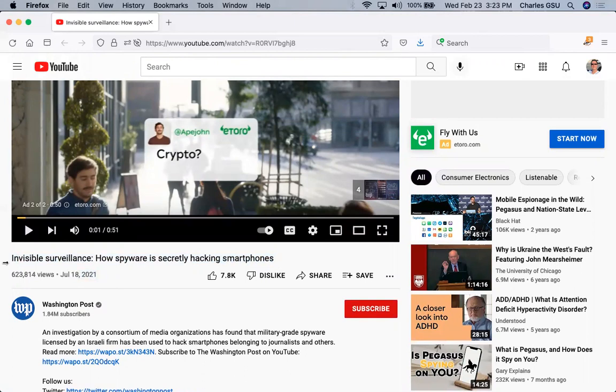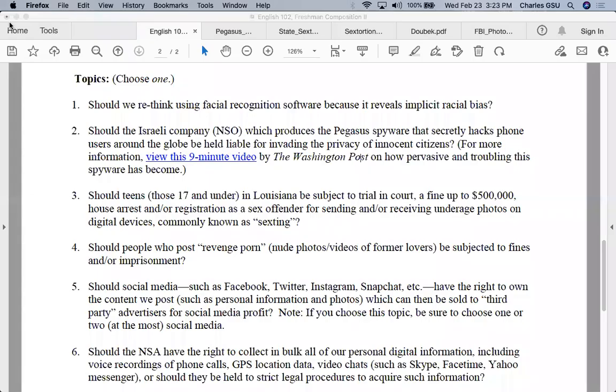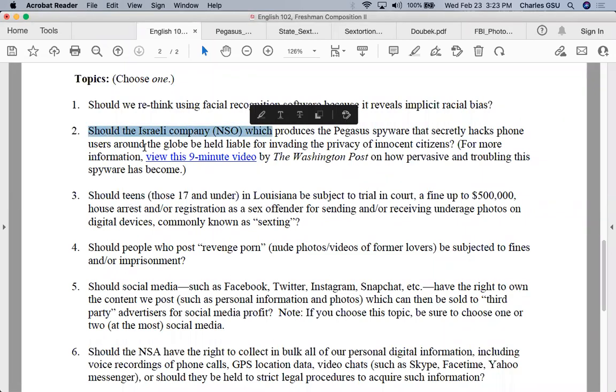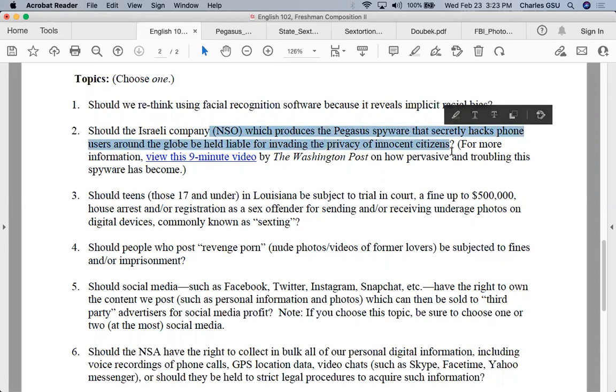company called NSO Group that is based in Israel. So here is what the question asks: should the Israeli company NSO Group, which produces the Pegasus spyware that secretly hacks phone users around the globe, be held liable for invading the privacy of innocent citizens?